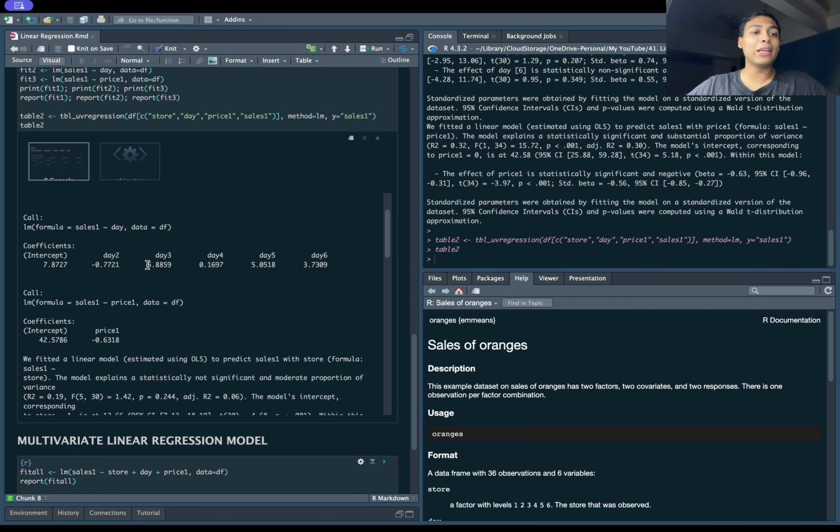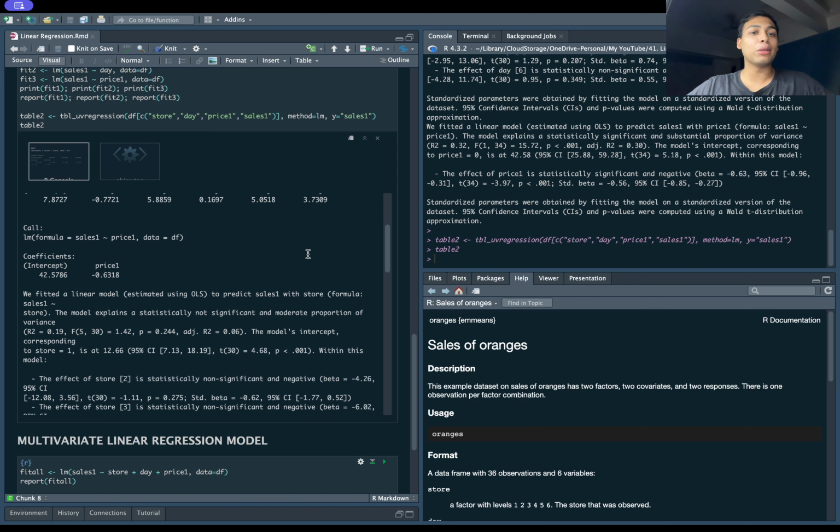So if we say day 1 is Monday, then people went berserk on Wednesday and bought 6 more oranges per person. And this is the same thing on Friday as well. Thursday, not a good orange buying day for the stores. And day 6, Saturday, someone in between. Yeah, weekend people might want to stay at home, go clubbing, what have you.